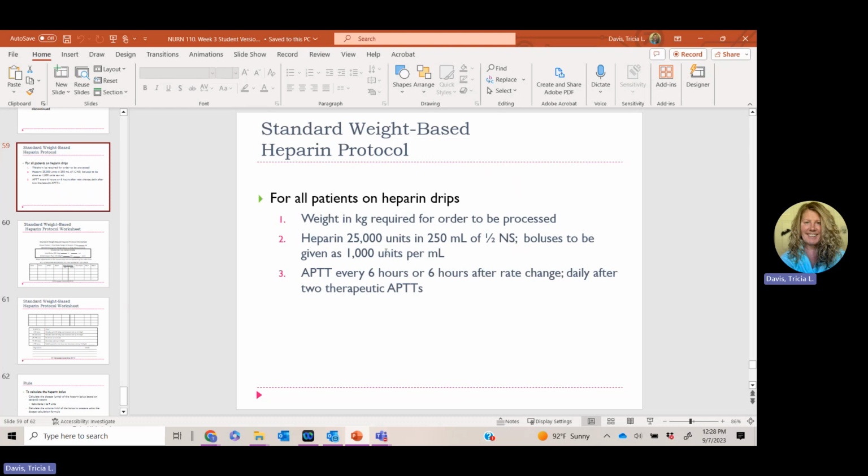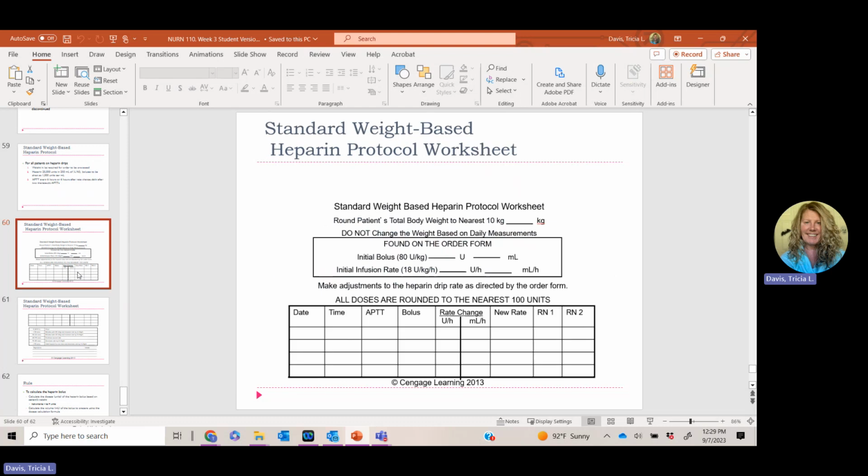They might get 5,000 units, which would be 5 mLs. If they got 2,000 units, they'd get 2 mLs. What I see in my practice is half boluses and regular boluses. Regular boluses are usually 5,000 units. Half boluses are 2,500 units, so a half of an mL or a whole mL. But again, you're going to follow your hospital policy.